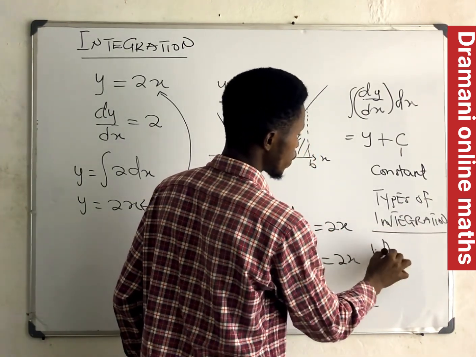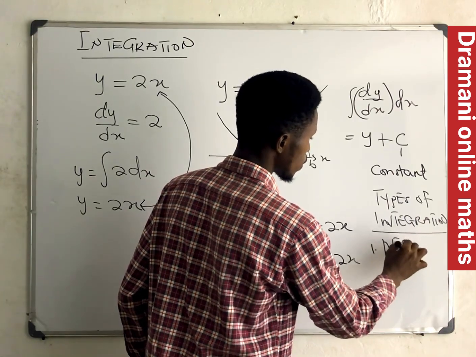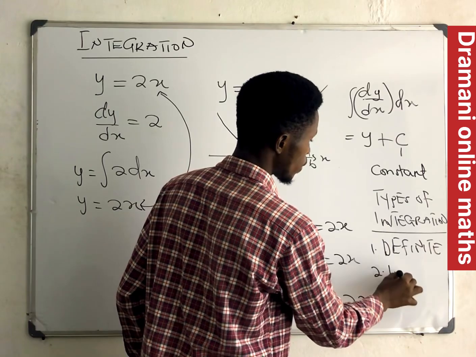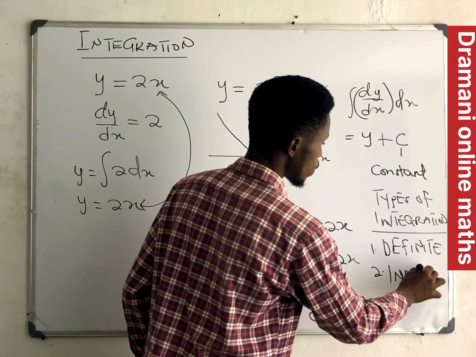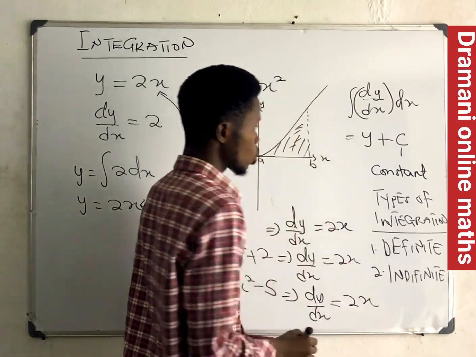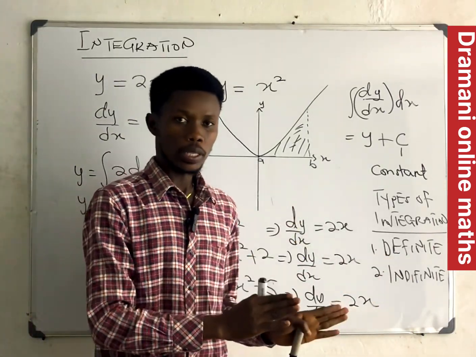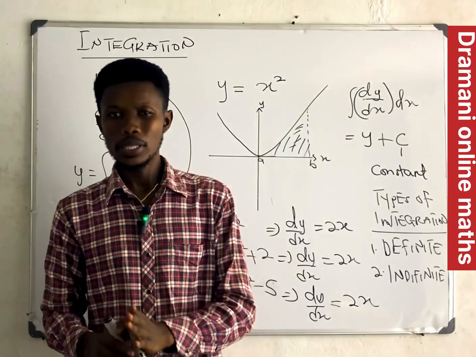So one is definite, and the other one is indefinite. These are the two types that we are going to look at: definite integration and indefinite integration.